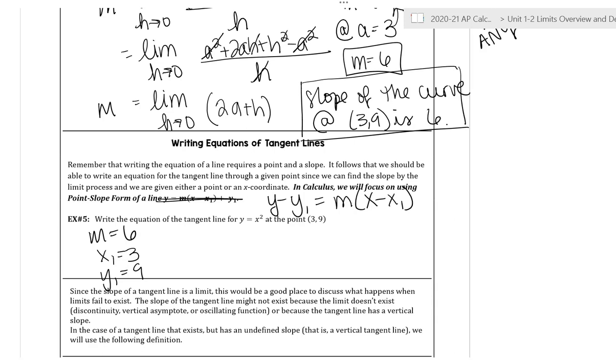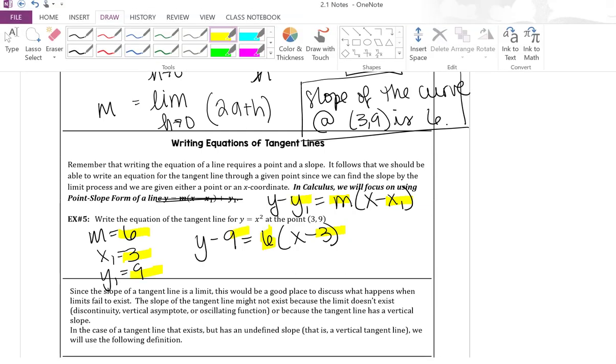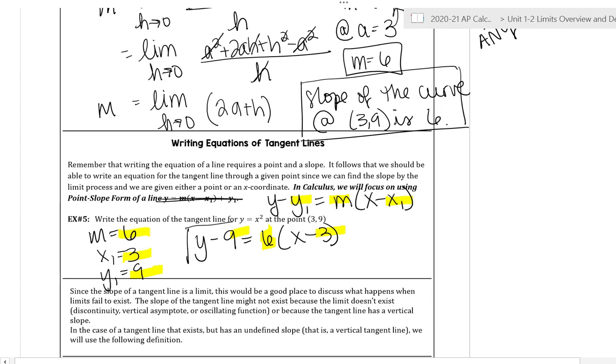So as long as you get those two things plugged in, you are good to go. So I'm going to say here, y minus 9 equals 6 times x minus 3, because all I did was substitute all these values here. And once you were done, you're good to go. Box it. Don't worry about simplifying.